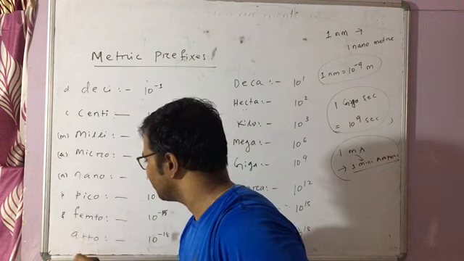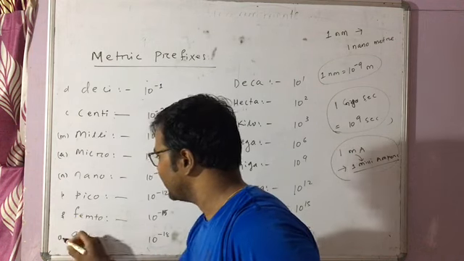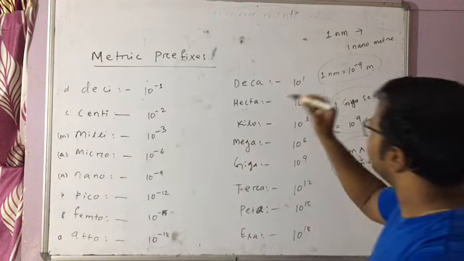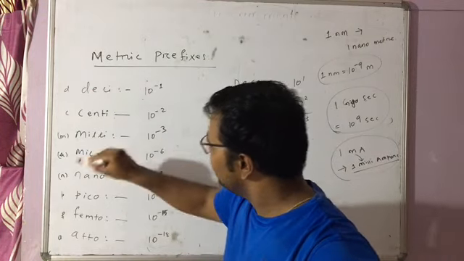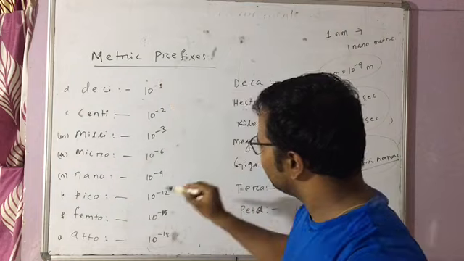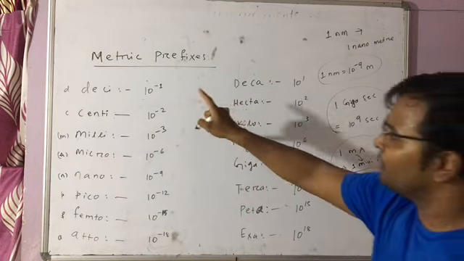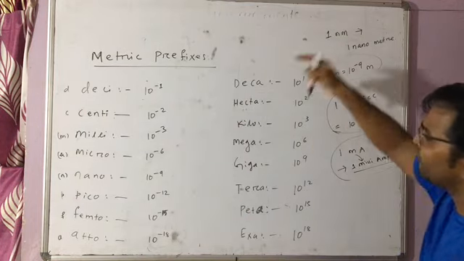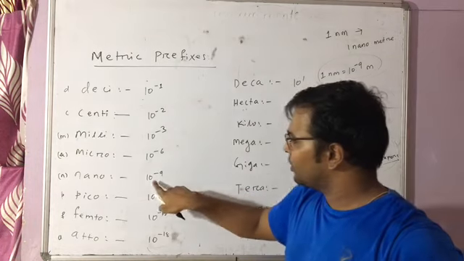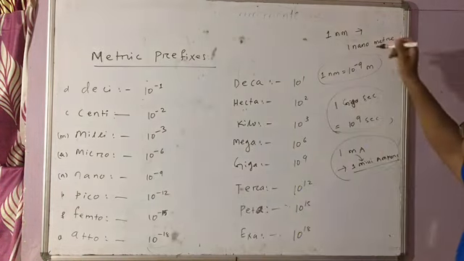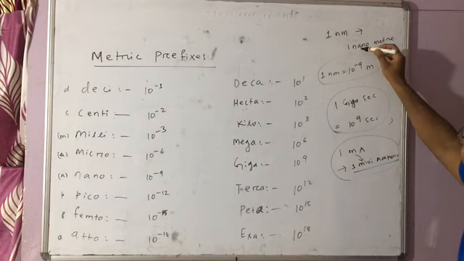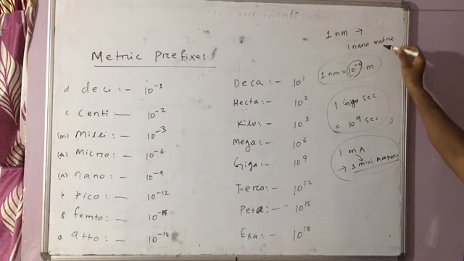Femto means small f. Atto means small a. So these symbols signify the power of 10. Like here n for nano, and the order of magnitude is 10 to the power -9. 1 nanometer means 10 to the power -9 meter.